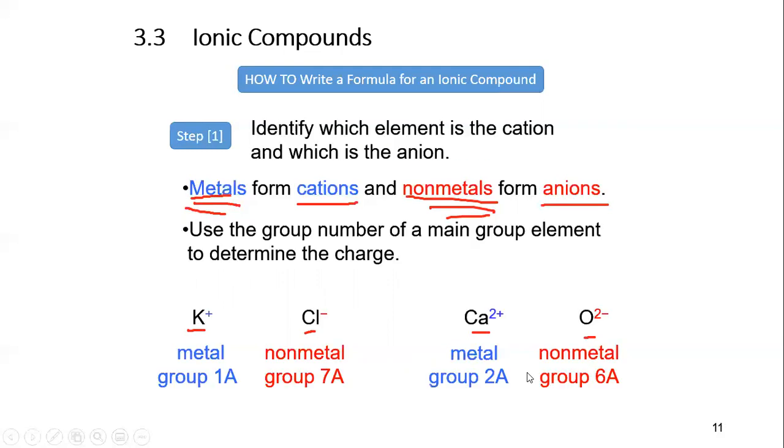So now we've identified the charge of each ion. So now we have to put, as they say, Humpty Dumpty together. So we've got to combine the cation and anion in such a way that when we add the number of cations and anions, their charges balance.